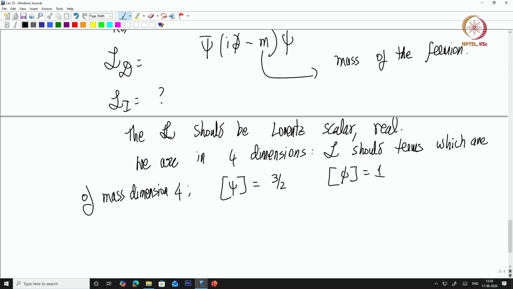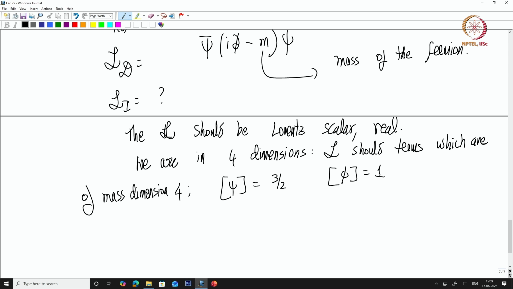Given this, the interaction term you can write down is two fermions and a scalar. You see that it has mass dimension 4. You can also ask what about phi power 4. That we have seen already.